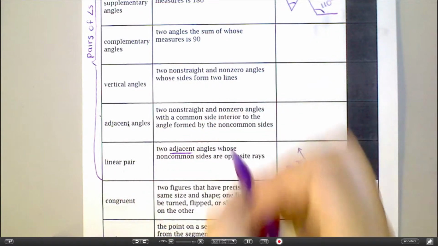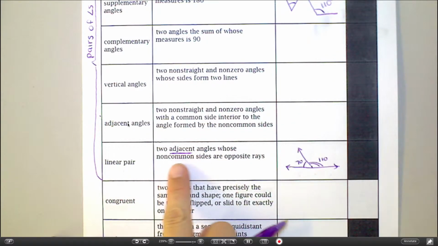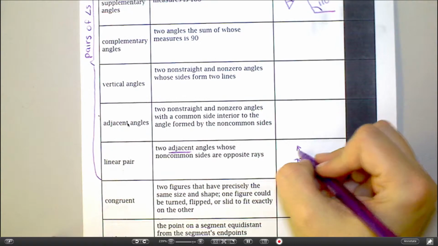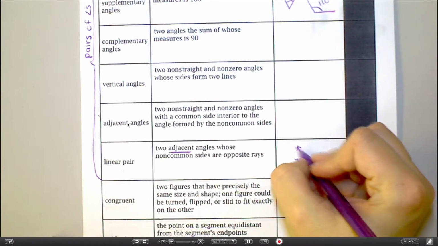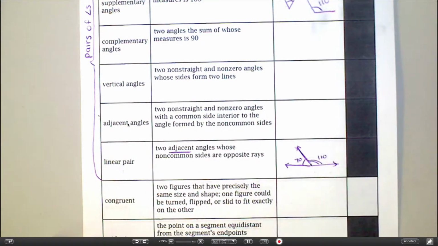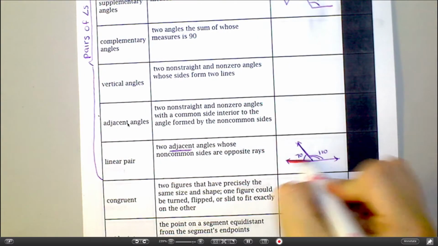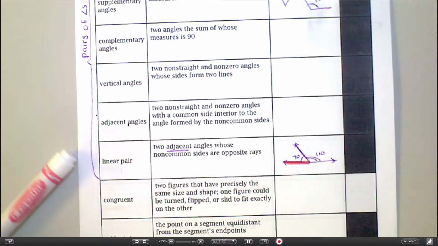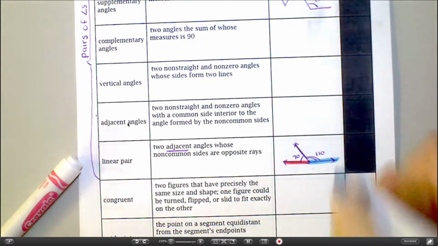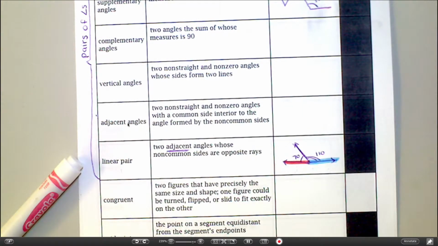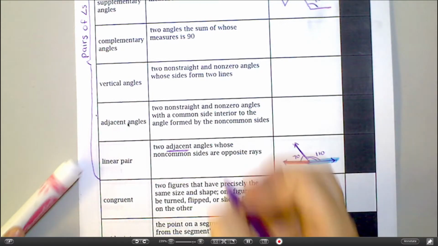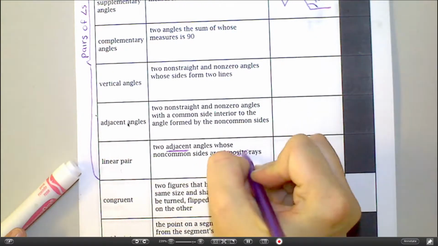And I guess I'm okay with all of this. The non-common sides, that means not this side here that they share between them, but like this side and this side. What I want you to know is that they make opposite rays, I want you to know that they form a straight line.